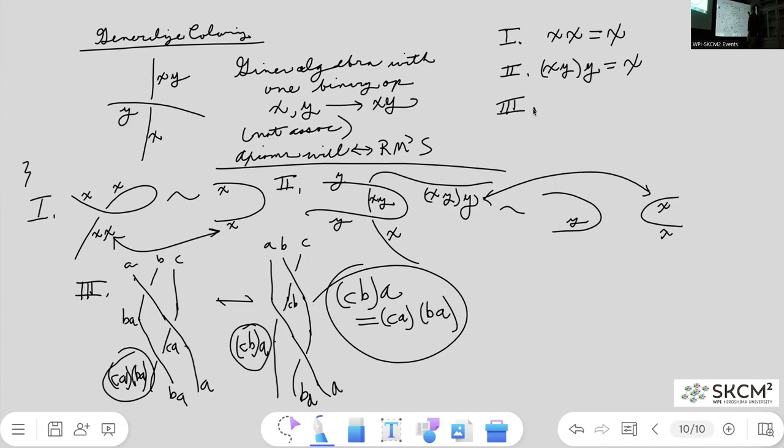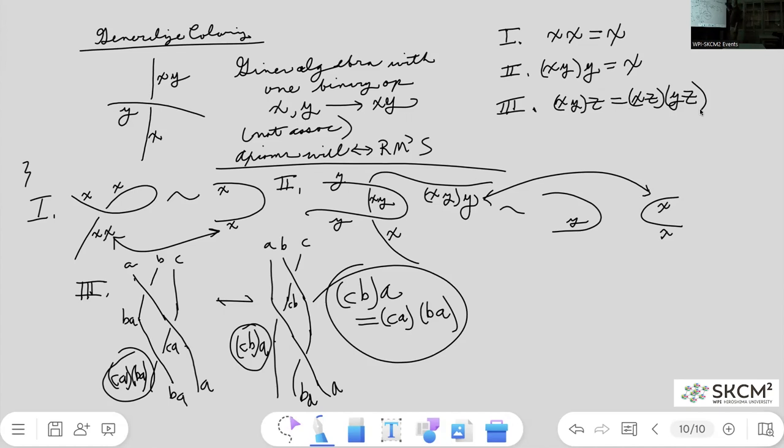So I will write this as XY times Z is equal to XZ times YZ. So the third axiom is that it should be self-distributive. And the second axiom is that if you do it twice, you get back to where you started. And the first axiom is that if you multiply something by itself, you get itself back.